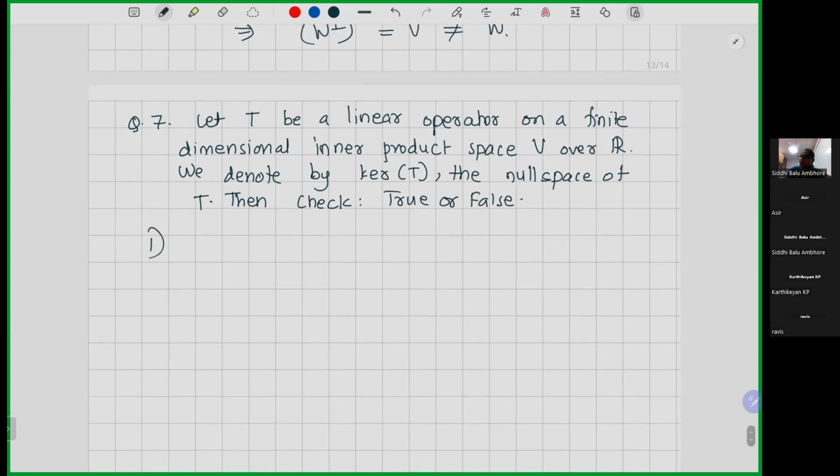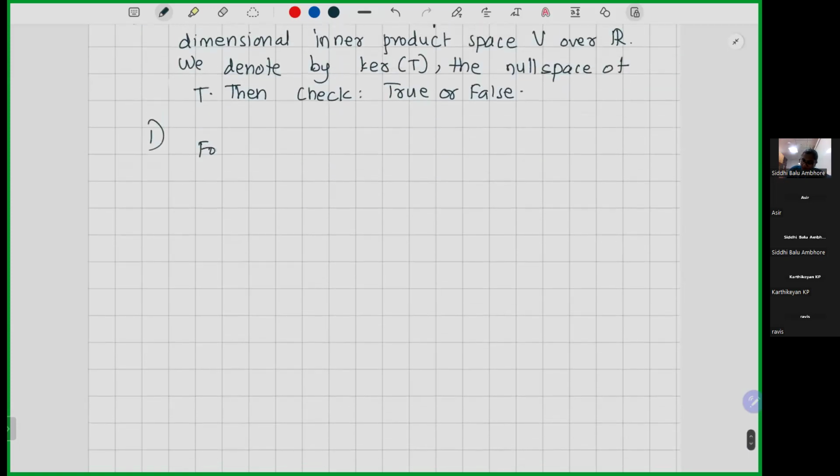First is that for all v in V, T star T v, that is the adjoint of T times T v, is 0 if and only if T of v is 0. And when we say T of v is 0, we mean that T is a 0 linear transformation.